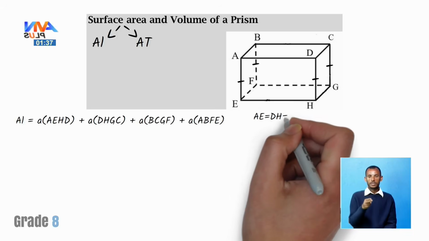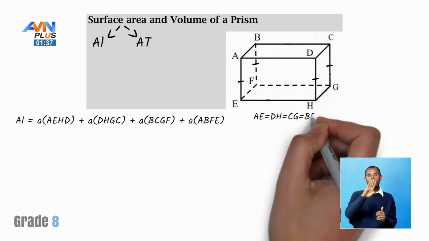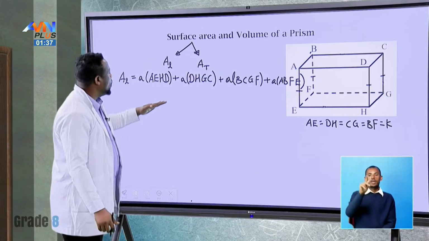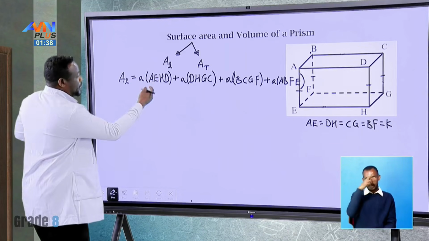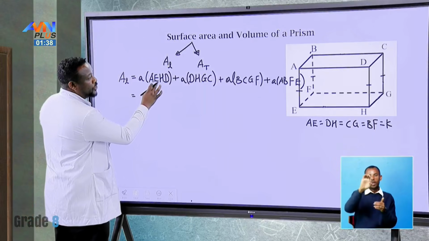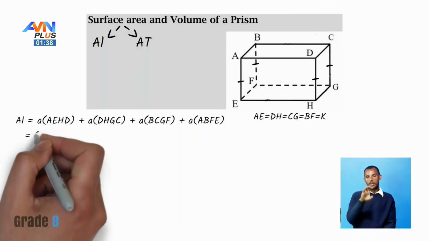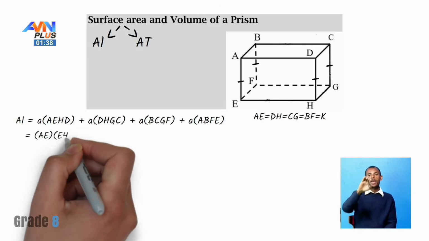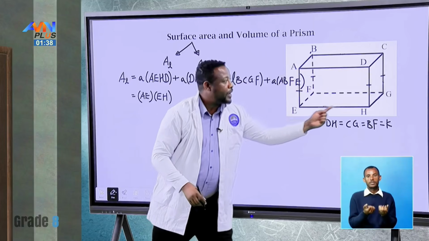Say all these are some constant K. So we apply the definition of rectangle in all these cases. The area of the front rectangle is AE times EH.